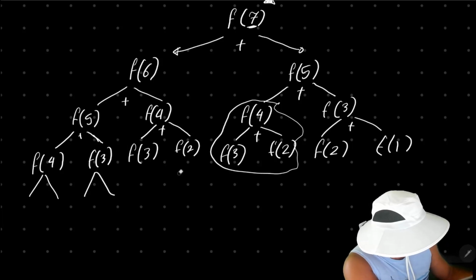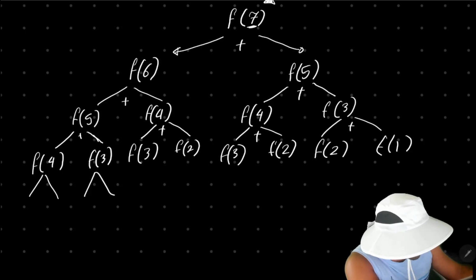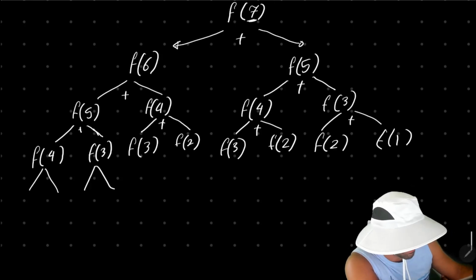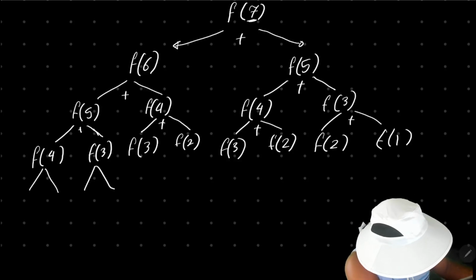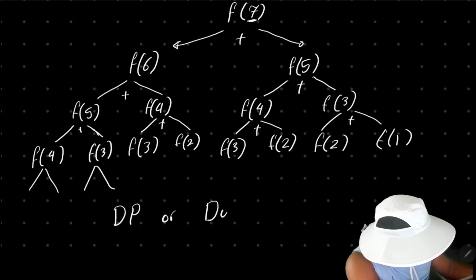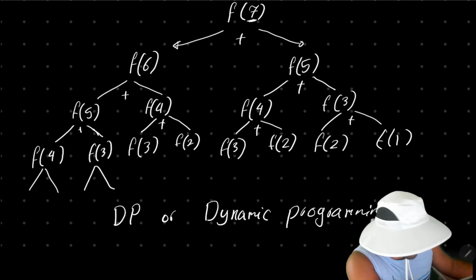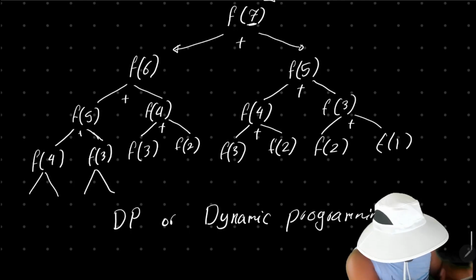In the next video, I'll be talking about how we can make it faster, but that's the idea. This concept has a fancy name called DP, or dynamic programming. It's just a fancy way to say recursion with a little extra stuff on top, but it's just recursion.